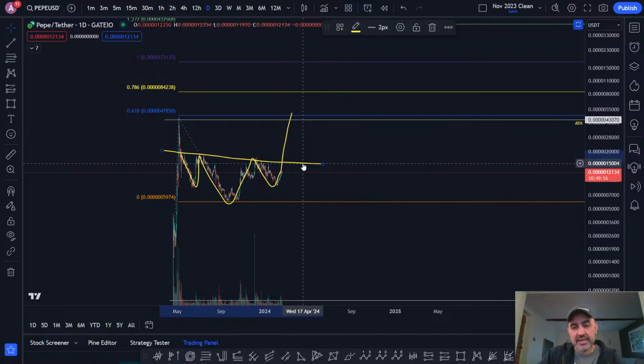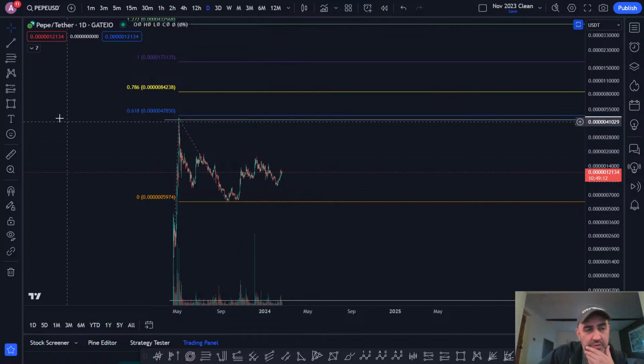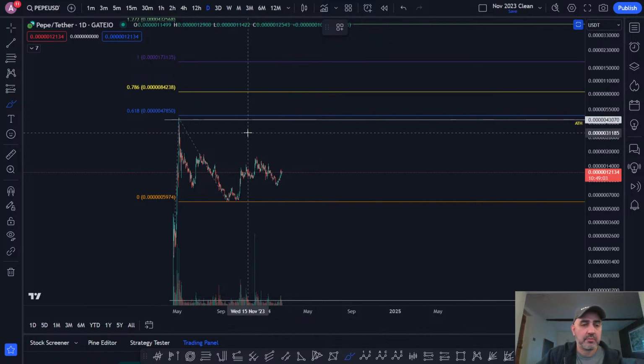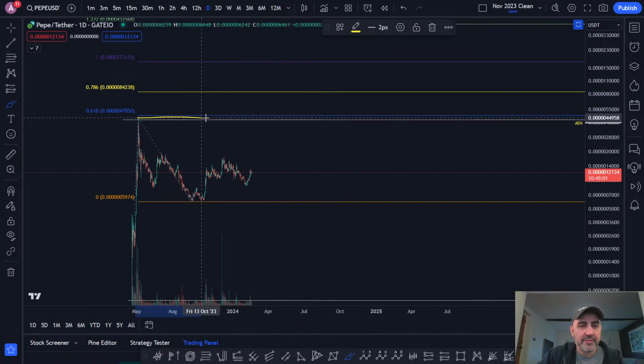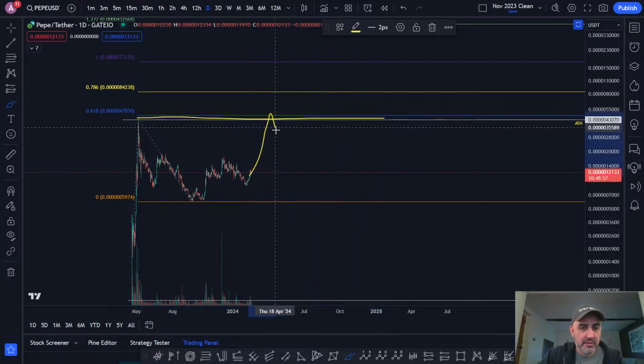And then what you might form is a higher time frame pattern. It could be like a flat top triangle.